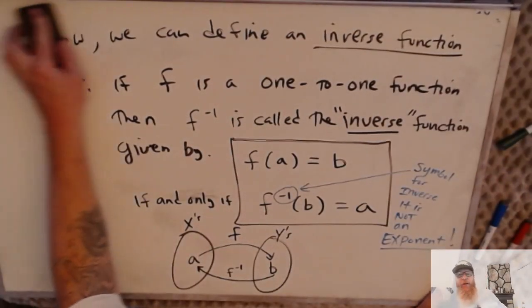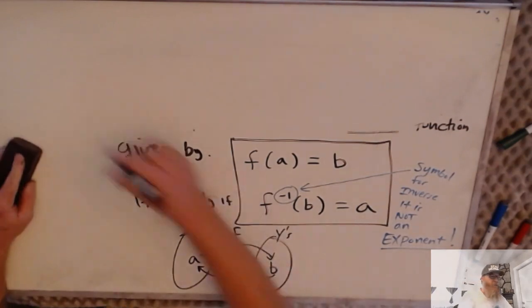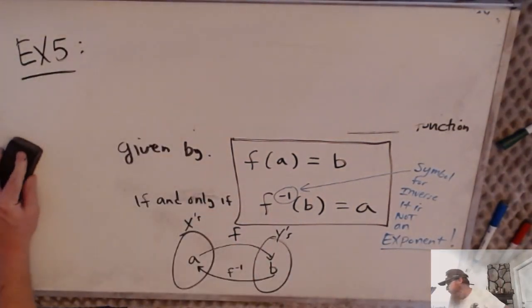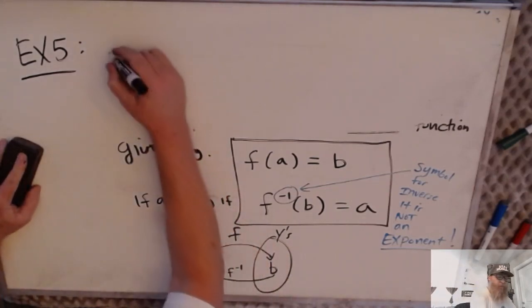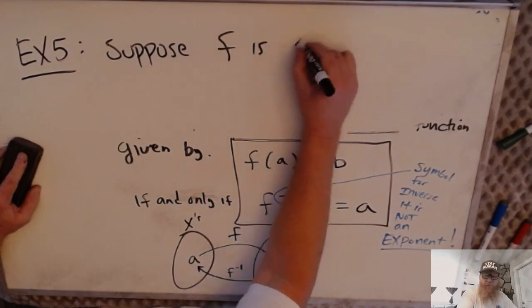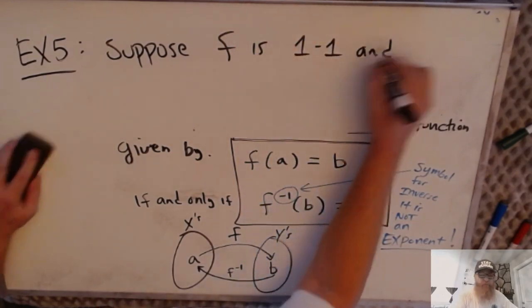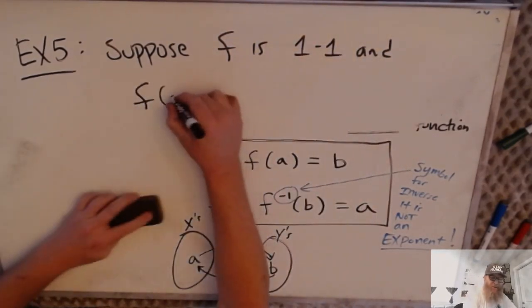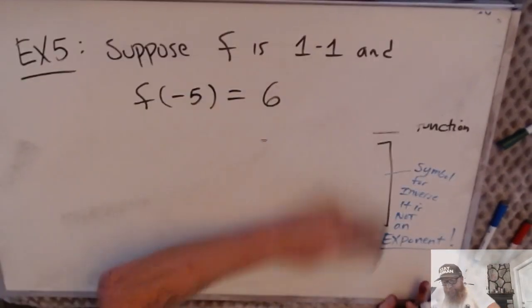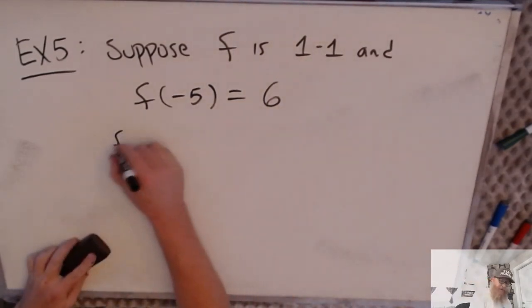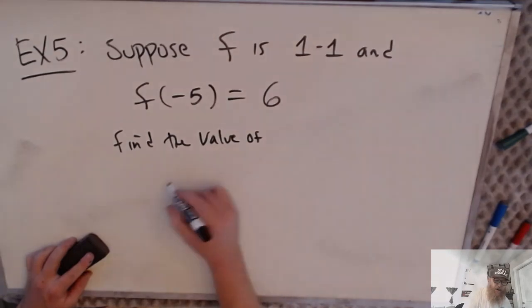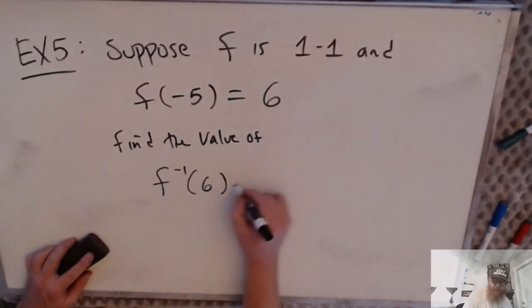Let's do a problem involving an inverse function. Suppose f is 1 to 1, and f of -5 is equal to 6. Find the value of f inverse of 6.